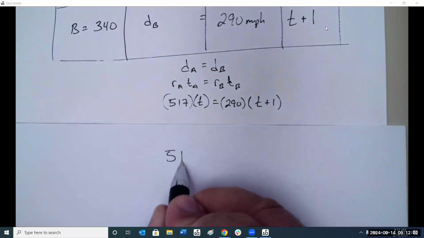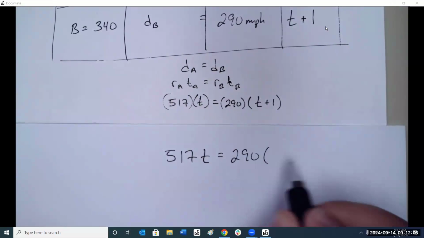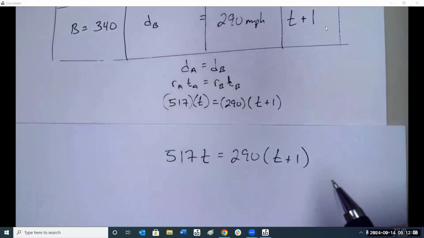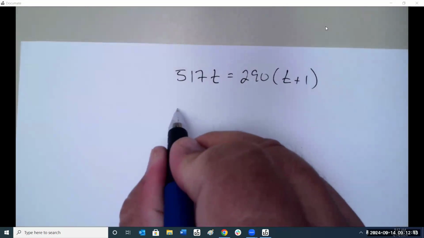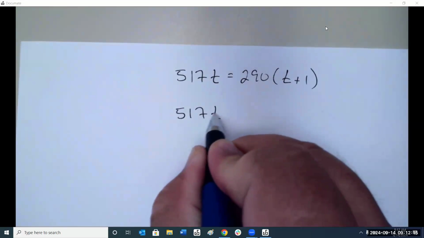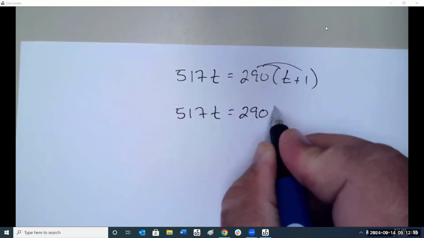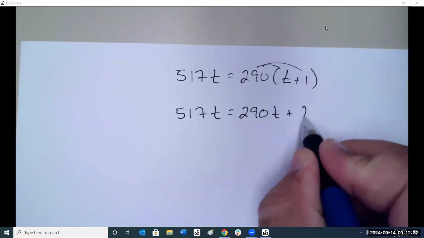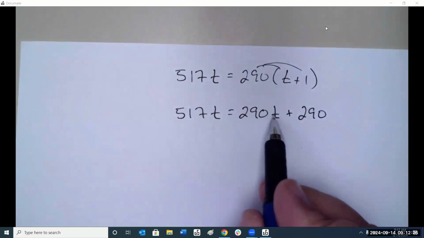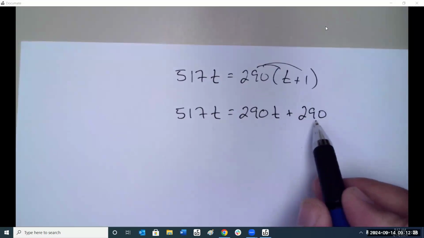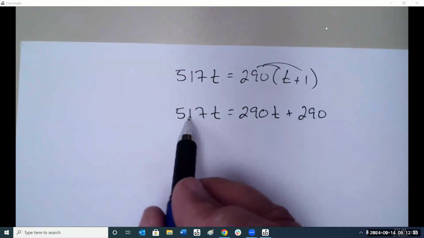So we have 517t equals 290 times (t plus 1). Distribute. We get 290t plus 290. For every hour it travels, why is this 290 here? Because it traveled 290 miles before this one took off.